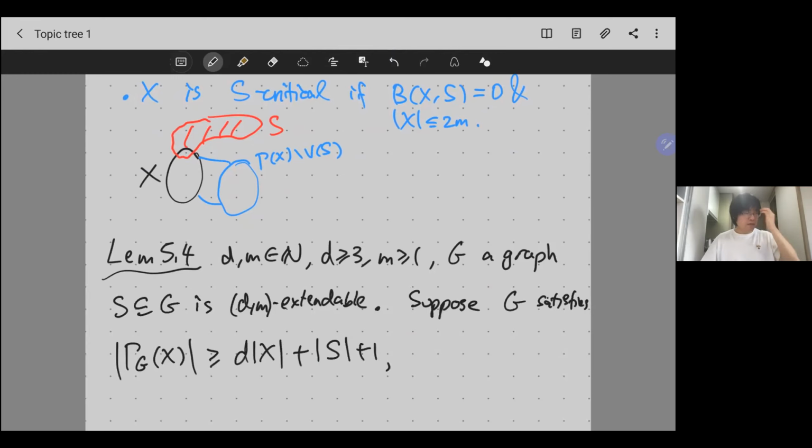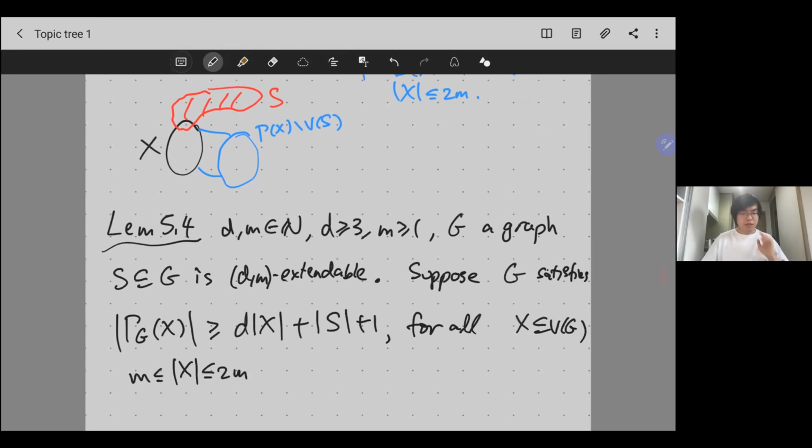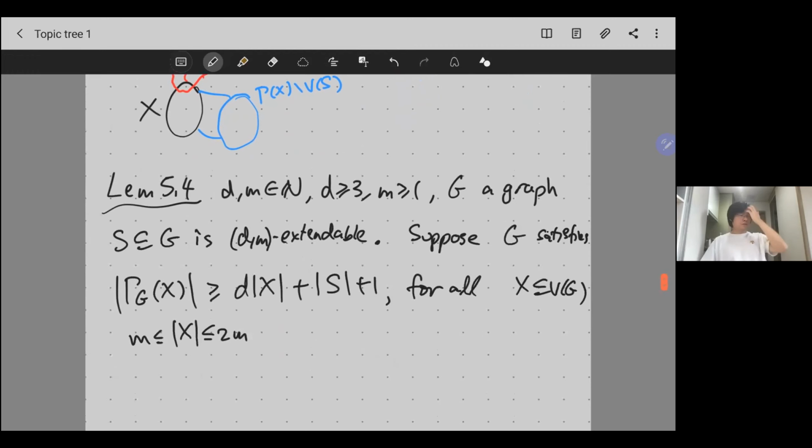So again, some sort of expansion property for all small sets X. Here, we require just between M and 2M is enough. We don't need it to be all the small subsets, somewhere in the middle, M and 2M.